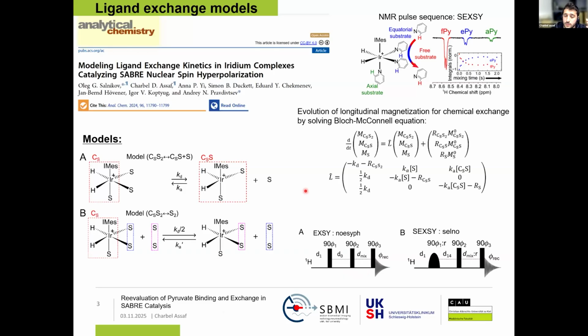So basically, we started with known substrates like pyridine or nicotinamide, because their exchange rates have already been reported in the literature, and it allows us to validate the methodology and make sure that it provides accurate and consistent results before applying it to pyruvate.